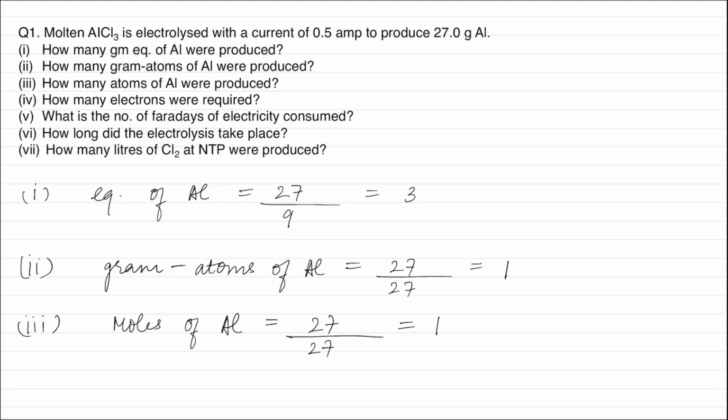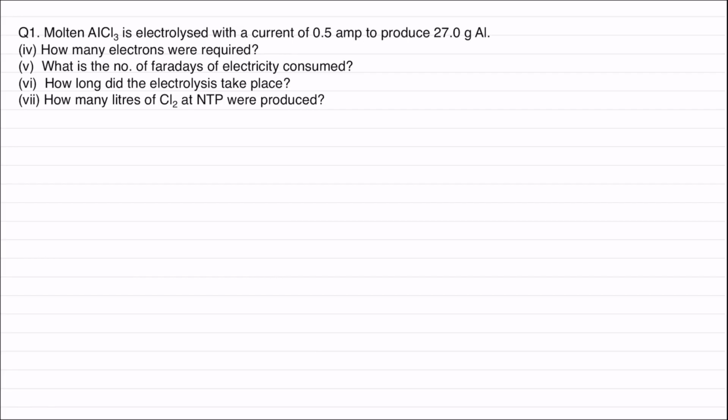Now 1 mole of atoms contains Avogadro number of atoms. Therefore, number of atoms of aluminium is equal to Avogadro number of atoms, which is equal to 6.022 into 10 to the power 23 atoms.